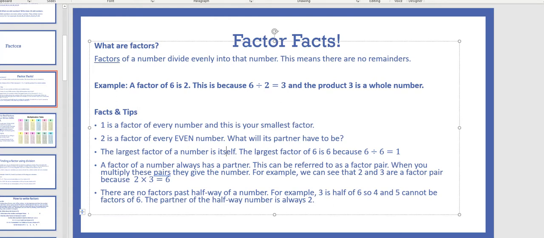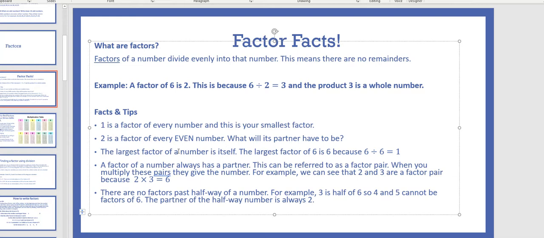Okay, the largest factor of 6, for example, is 6 because 6 divided by 6 is 1. In other words, the partner or pair of 1 is the number itself. So 1 times 6, in this case, will give me 6. So straight away, before you start calculating any factors, you know that 1 is a factor at the beginning and the last number is the number itself. Okay?